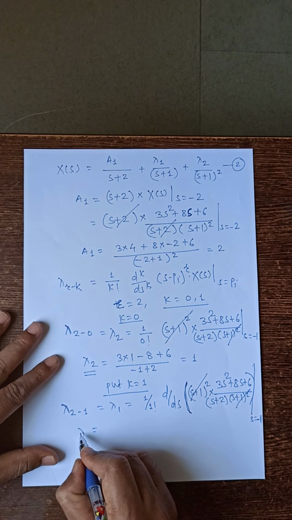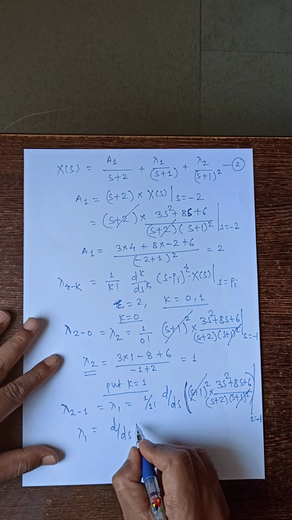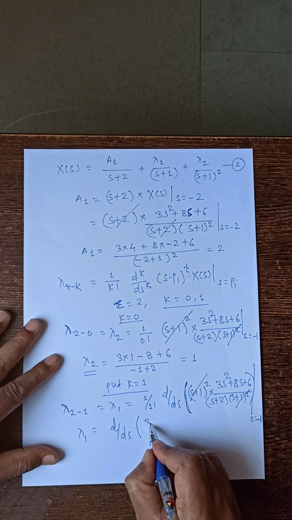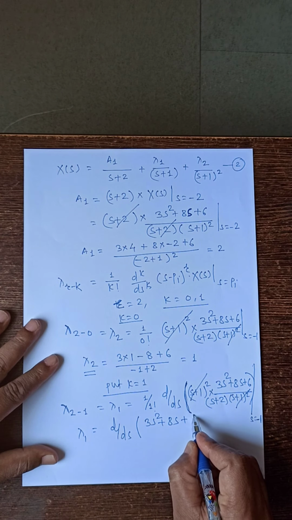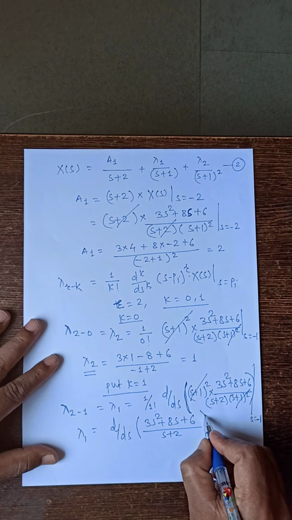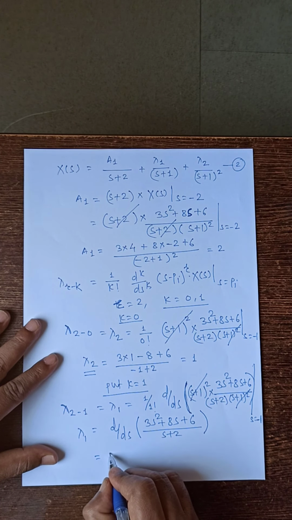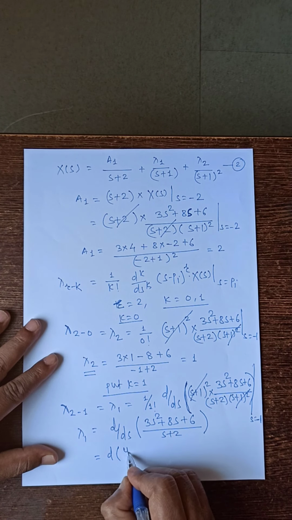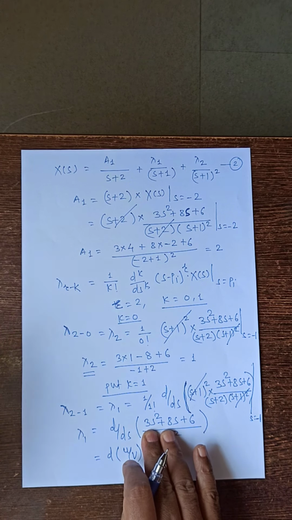So lambda 1 is equal to d by ds of (3s squared plus 8s plus 6) divided by (s plus 2). We'll use the rule for differentiation of u by v.